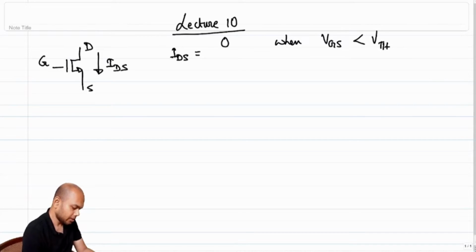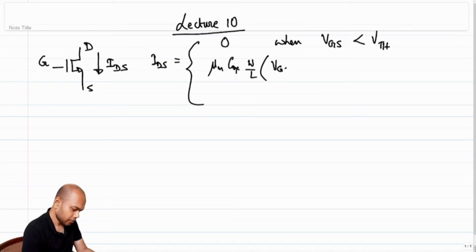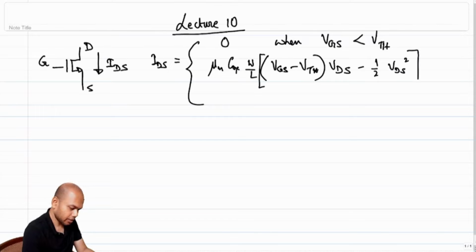And IDS is equal to mu n C ox W over L, VGS minus threshold voltage times VDS minus half of VDS squared.